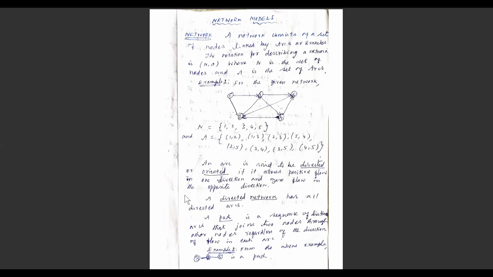From this network, 3 to 5 is a path. 3 to 2, 2 to 5 is a path. The directed arc is 2 to 3, but I'm taking 3 to 2 and 2 to 5. So regardless of the direction, I'm taking this as a path. That's all.